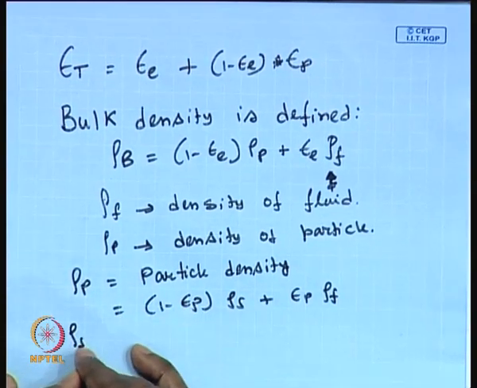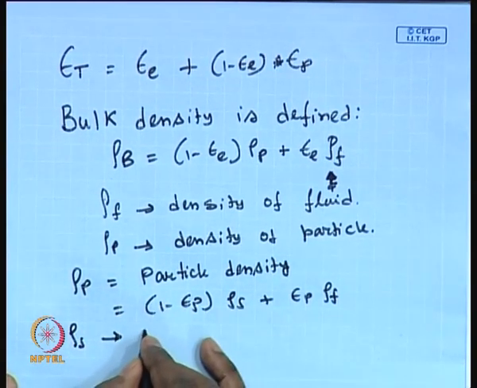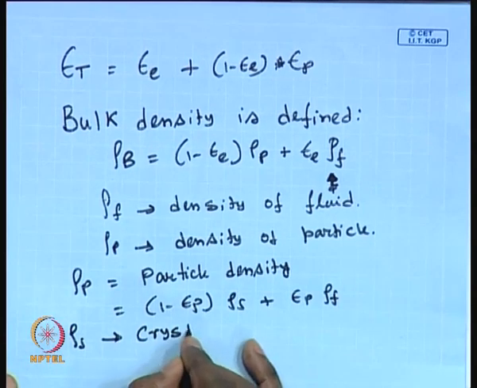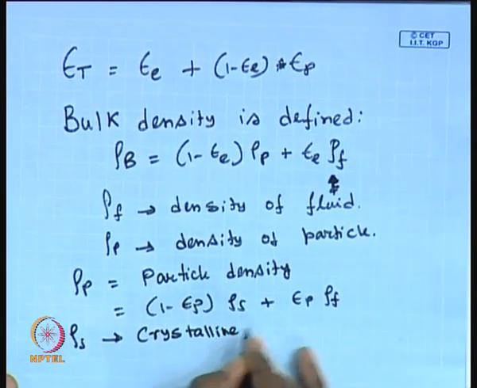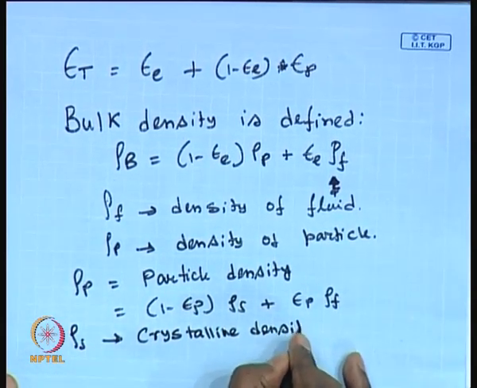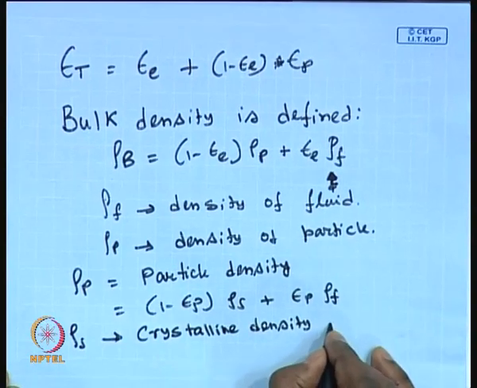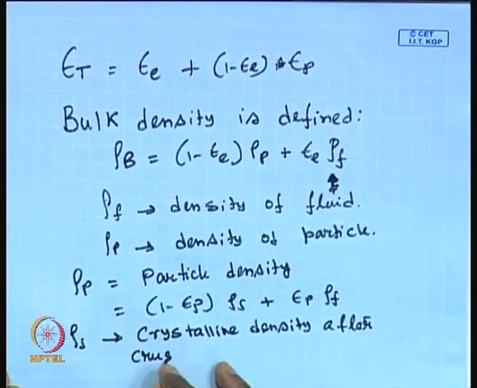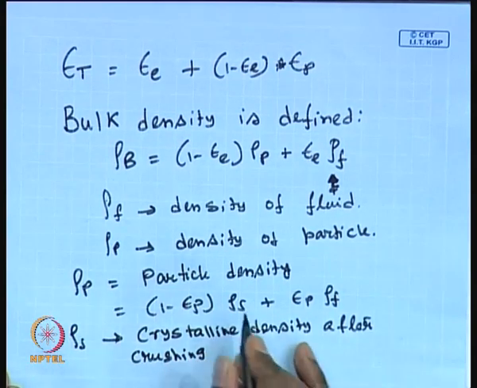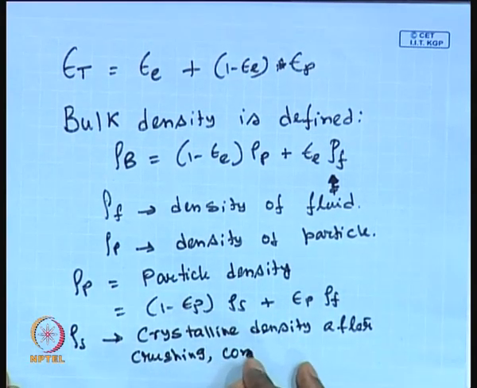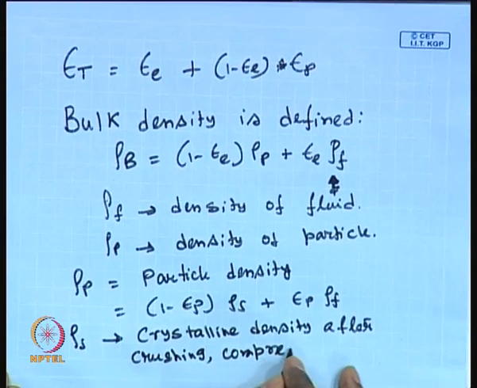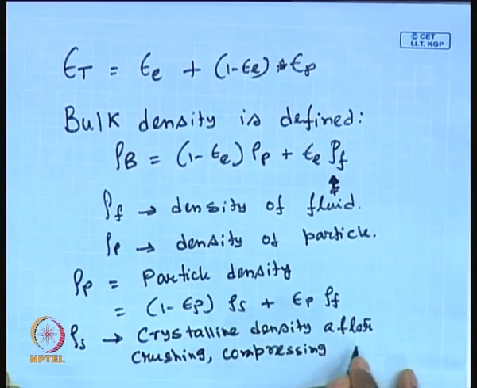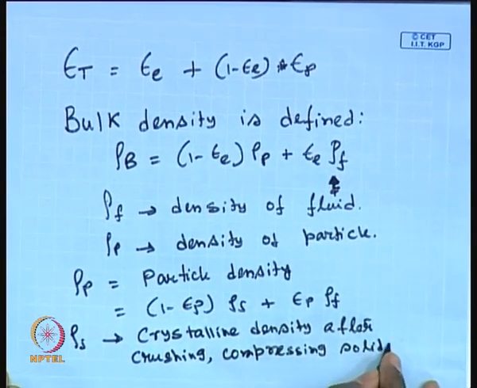Rho s is the crystalline density, the density of the solids after crushing and compressing them, solids without any pore.